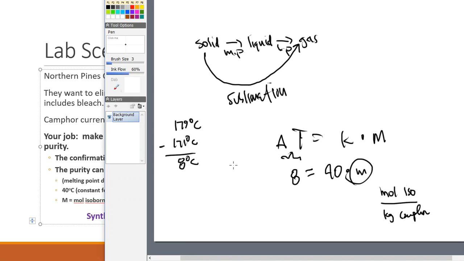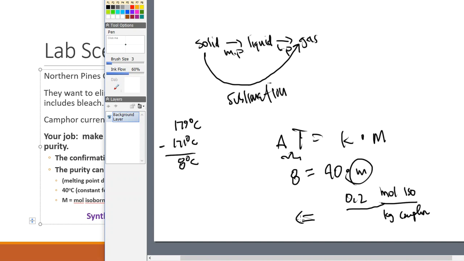And we need to calculate purity. If I take 8 divided by 40, that's going to give me 0.2 as an answer. So that means there's 0.2 moles of isoborneol per kilogram of camphor.